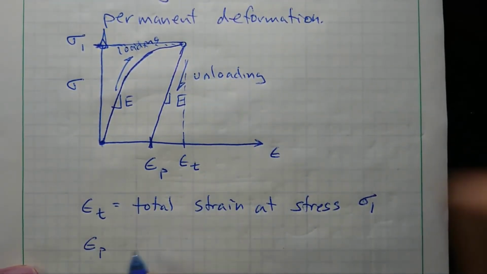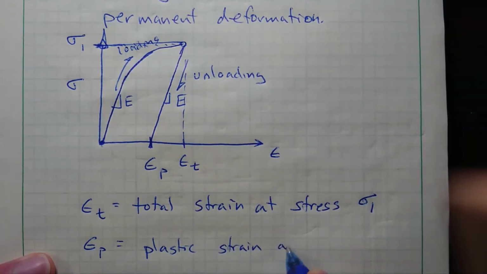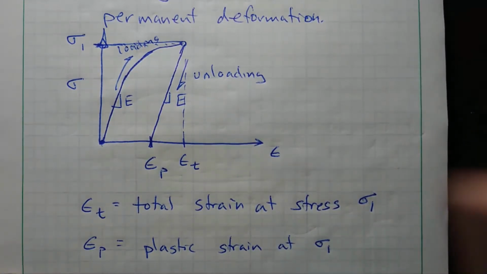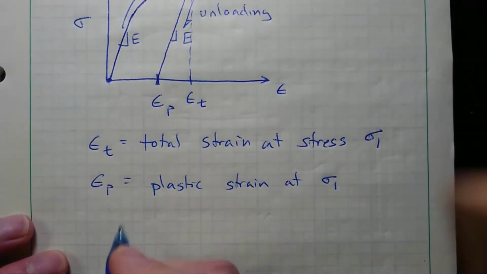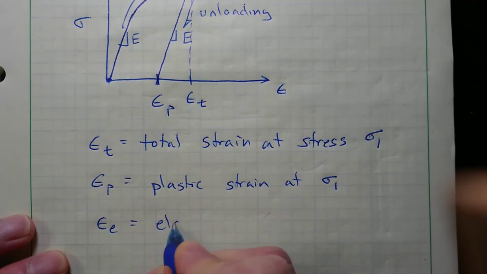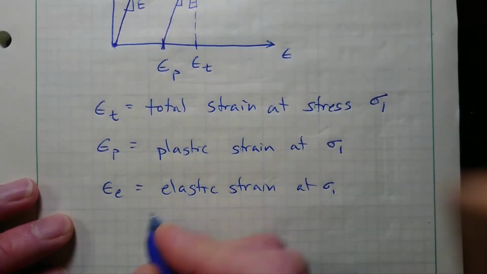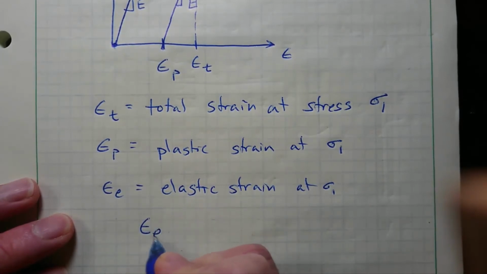And the amount of strain that's permanent or plastic is given by epsilon P. And epsilon E, which is the part that's recovered, that is the elastic strain at sigma 1, and that is just going to be the difference between the total and plastic strain.